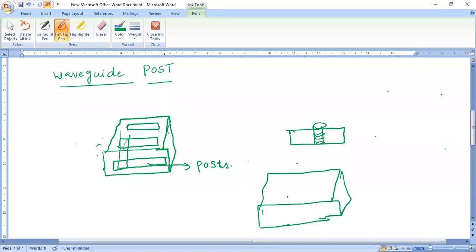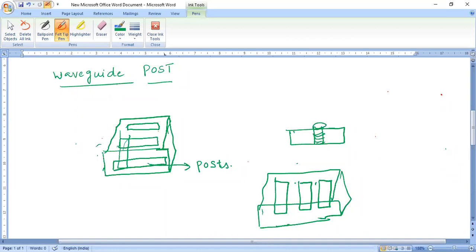If you are placing it perpendicular, it gives capacitive susceptance. So what are we doing here? We are placing a conducting sheet across the walls of the waveguide in order to get the inductive or capacitive susceptance, or in other words, to get impedance matching.